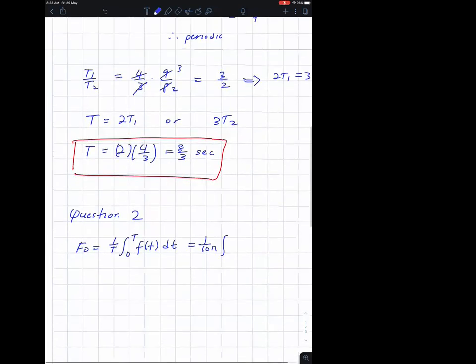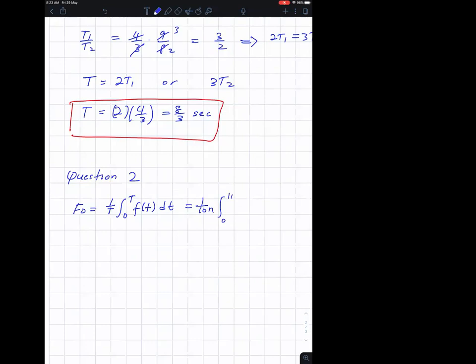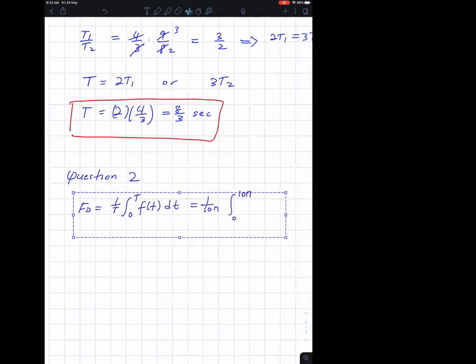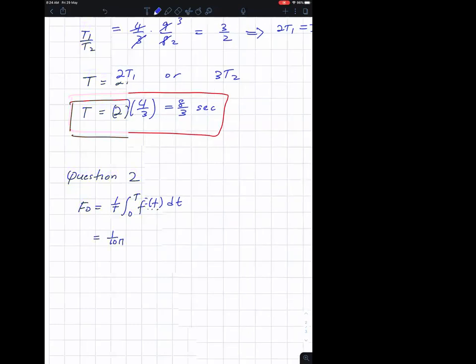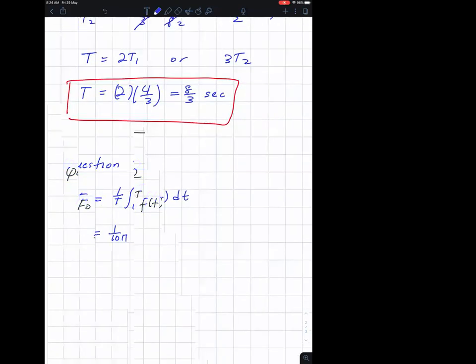If I'm going from 0 to 10 pi, in this interval, 1 over 10 pi, the period going from 0 to 10 pi.